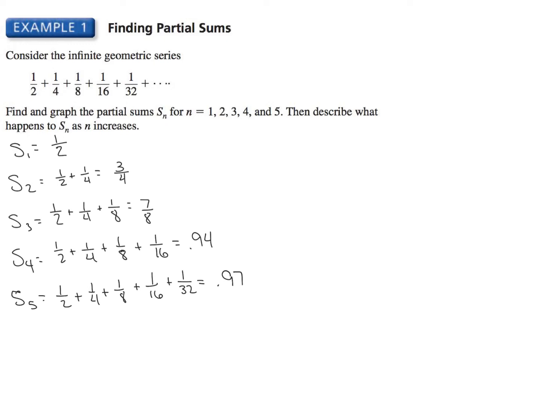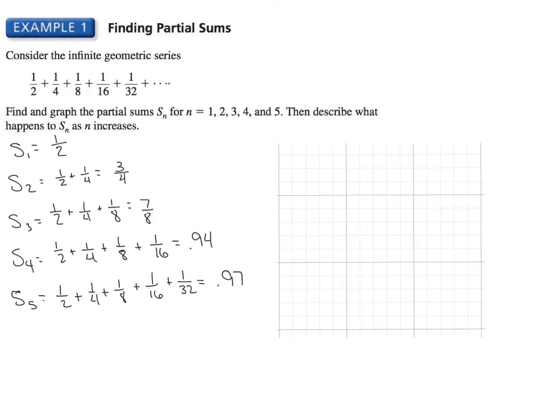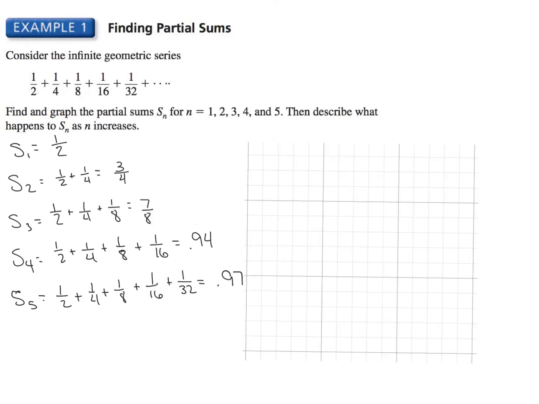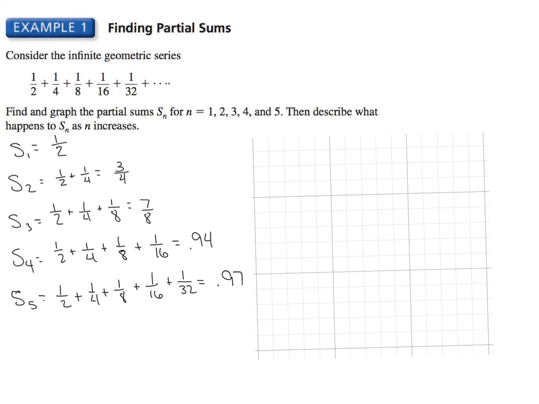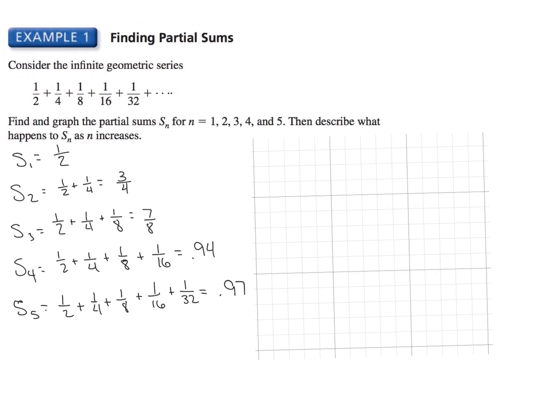So if we go ahead and graph these points, you're going to want to scale your axes for sure. My axes are going to be better off if I do this.